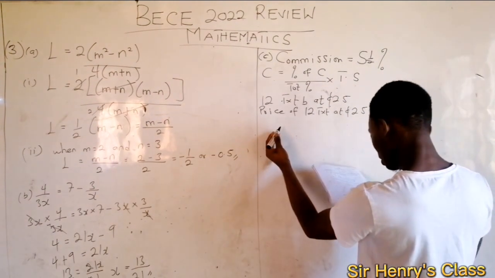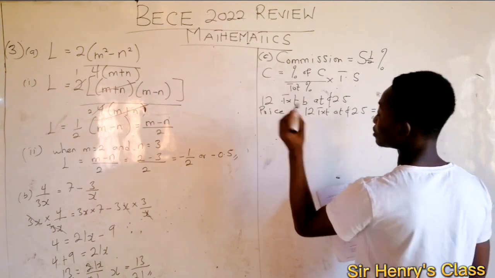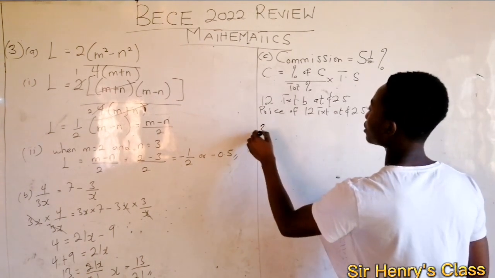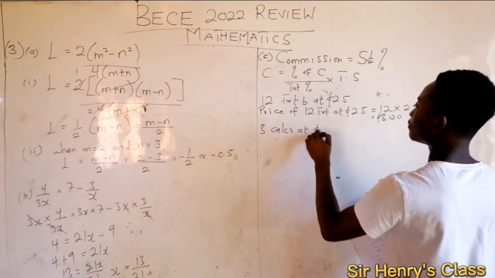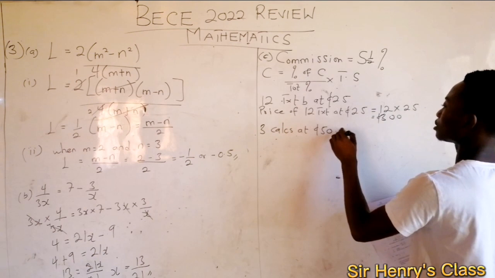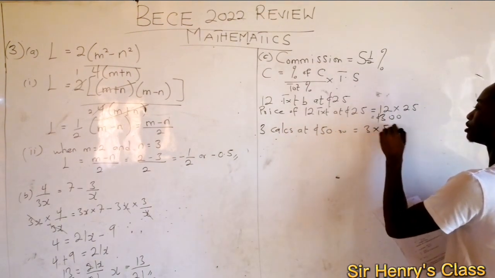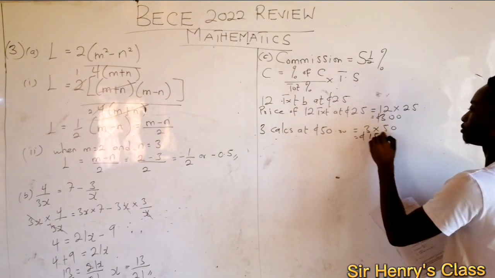The next one is 3 scientific calculators at 50 each. That will be 3 times 50, and that is 150.